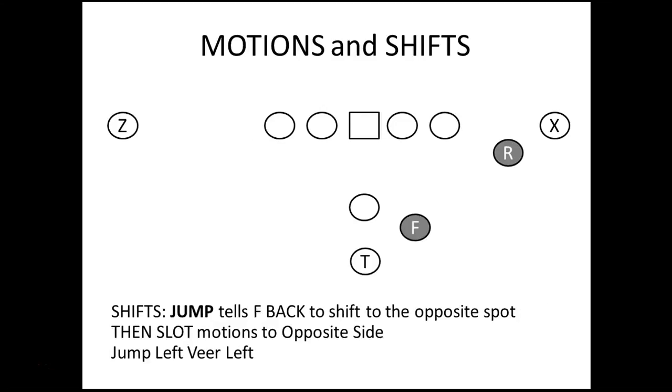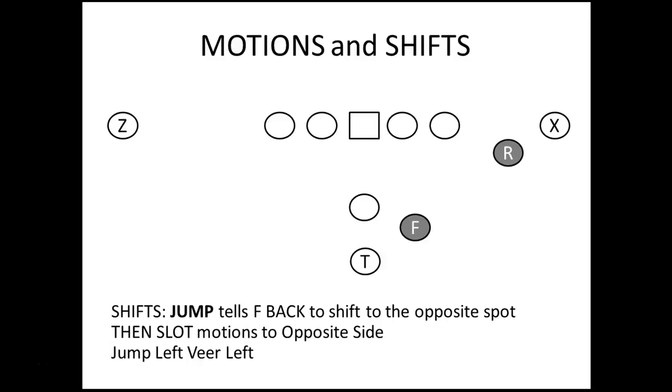Next, I used to run a lot of veer option from the gun, and I would like to set formation strength one way and then come back with the defense and run it to their weak defenders. So I would line up, and this would be jack right to us, and I would want to move the fullback to the opposite side and then motion our slot back to the opposite side. I would do this by saying jump.